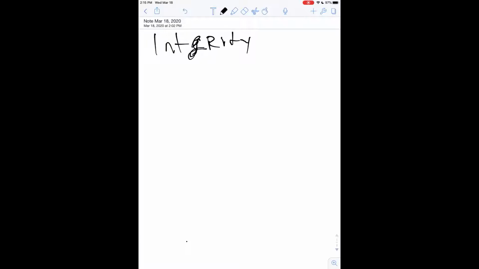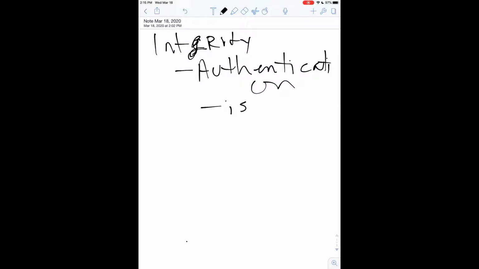With integrity, we break it into authentication, and authentication is basically whether a person is who he claims to be.